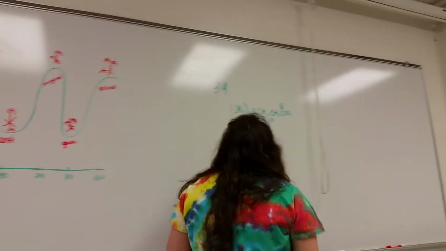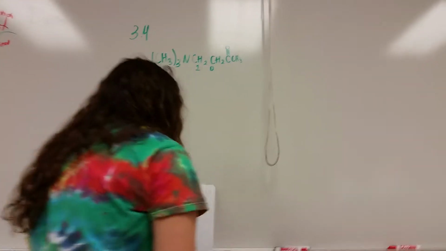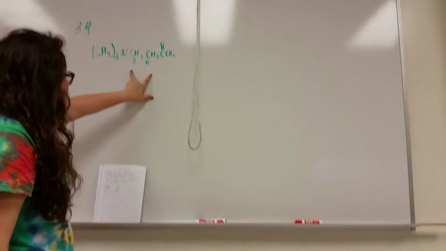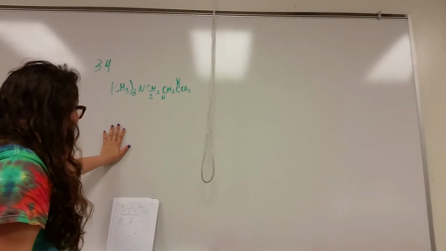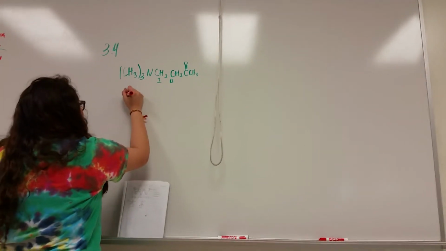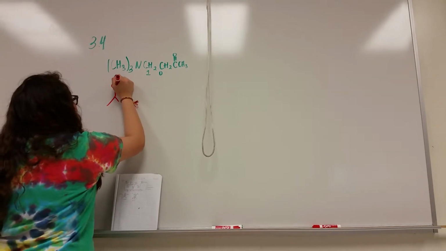And now, we can move to problem 3.4, where it wants us to show the relationship between these two carbons in a gauche form and in an anti form. So again, it will be like this.